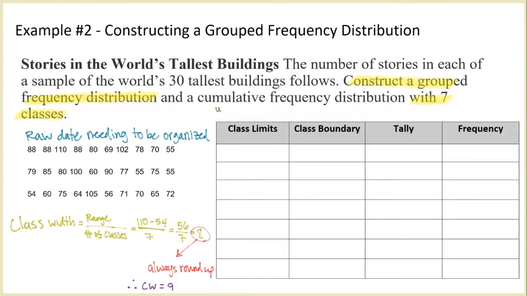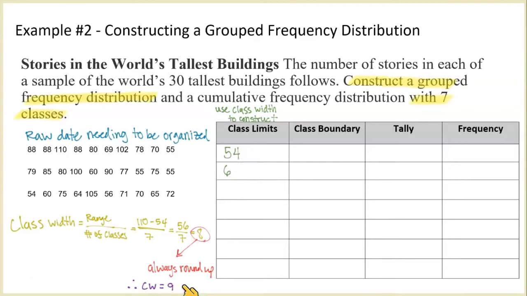To construct our limits, remember, we're using this class width to create non-overlapping groups of numbers. We always start with our smallest value. So 54 is our smallest value, and then we use our class width of 9 to find the next number to use.